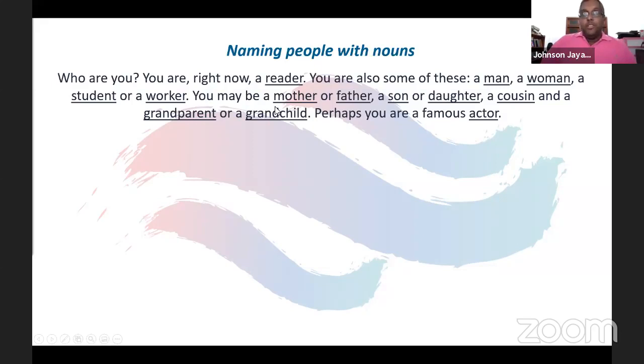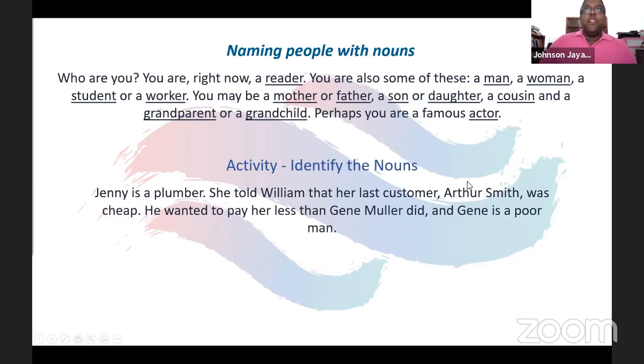Right? So let me give you a small exercise. Here is the paragraph. Can you quickly figure out what are the nouns here? I'll give you 2 minutes, and then I'll show you what the answer is. Just quickly look at this paragraph and see whether you can identify the nouns.